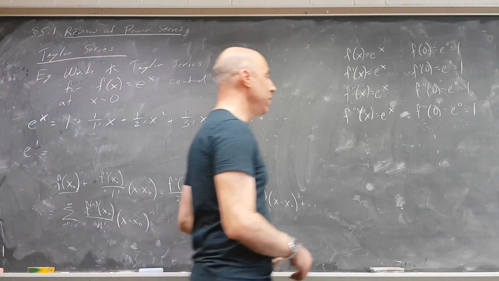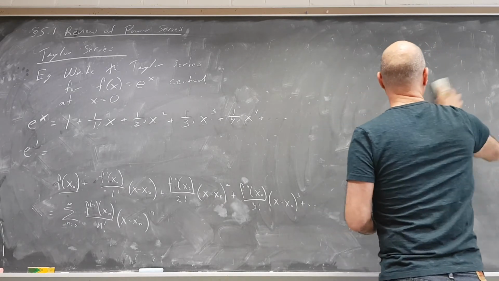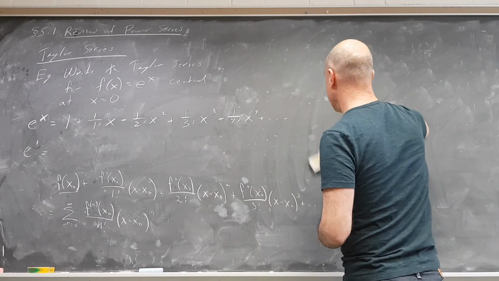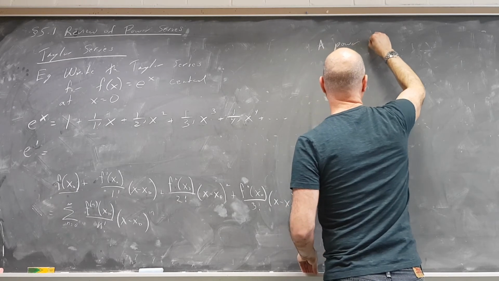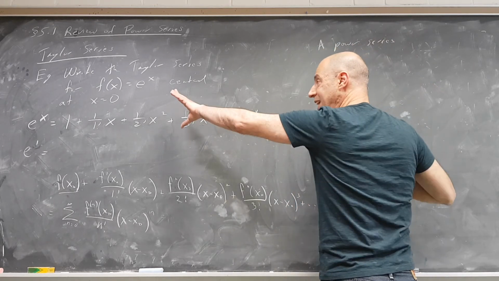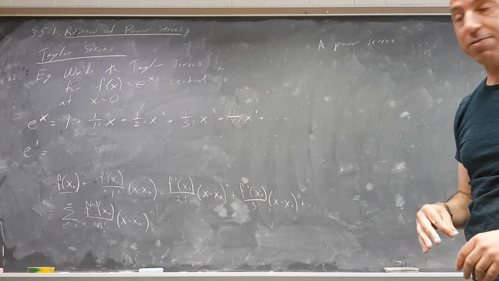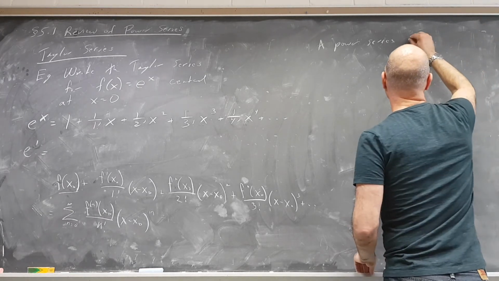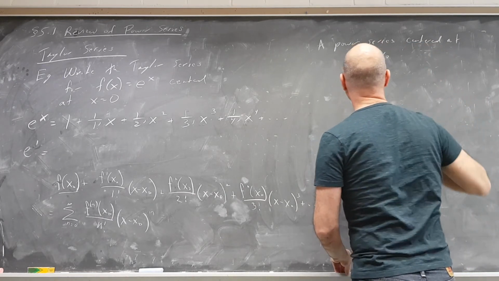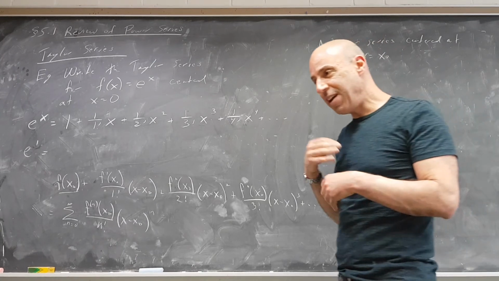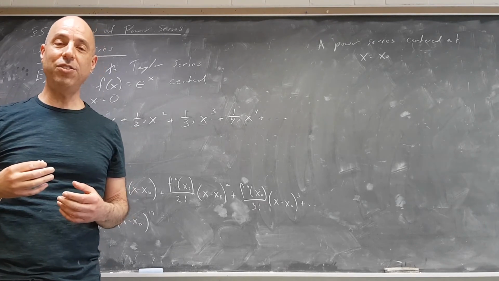Let me talk about one more thing. At least one more thing. A power series, whether or not it's a Taylor series, in other words, whether or not it comes from an f of x or you just create it out of nowhere, a power series centered at x equals x naught converges, and again, if the idea of convergence of a series is a little bit rusty, go review your Calculus 2 text.